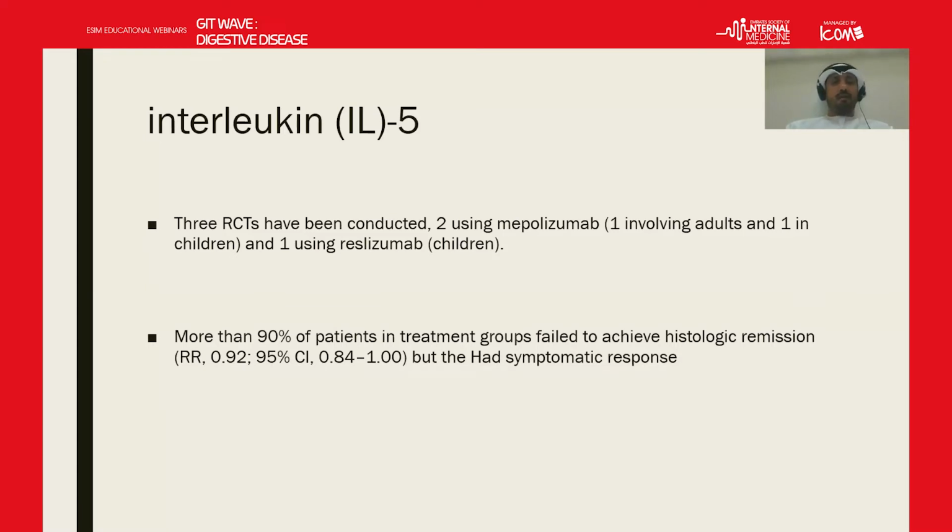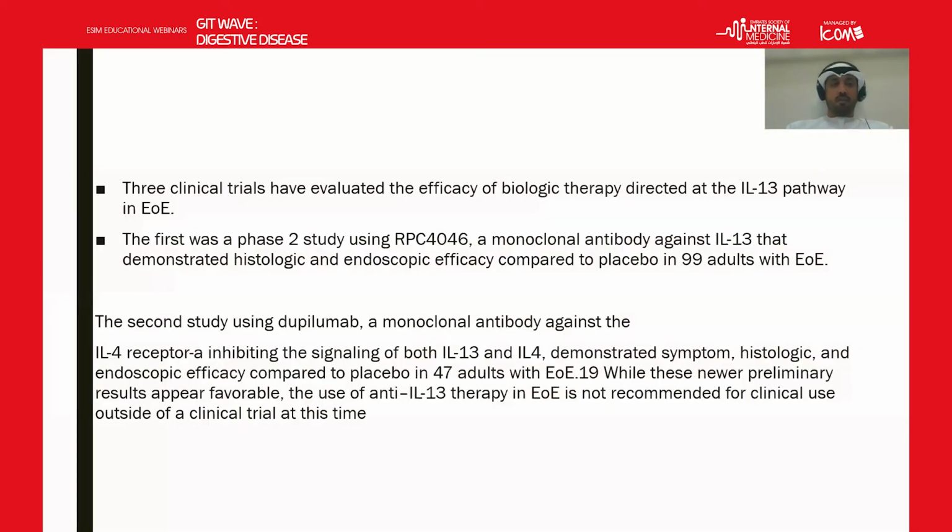More than 95% of patients in the treatment group in this situation failed to achieve histological remission, but they all had a symptomatic response. Three other trials also evaluated the efficacy of biologics in these patients.